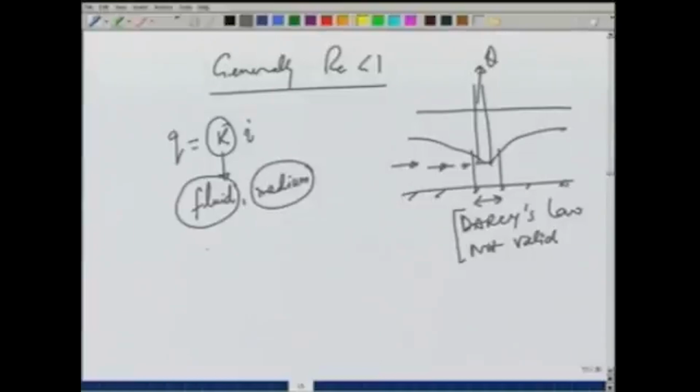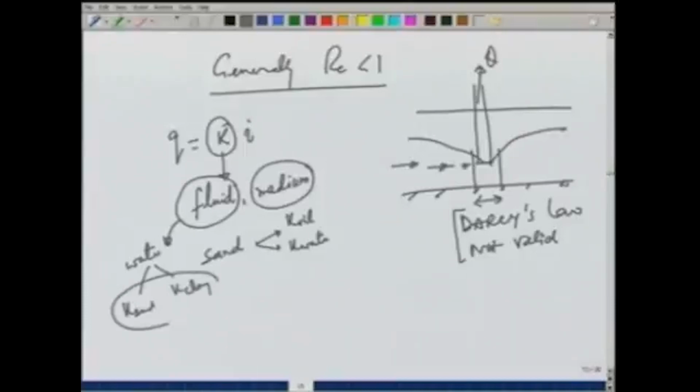So, suppose you have sand, now K for oil and K for water will be different for the same material. Similarly, if you have water, then K for sand and K for clay will be different. So, the hydraulic conductivity term includes both the fluid property and the medium property.